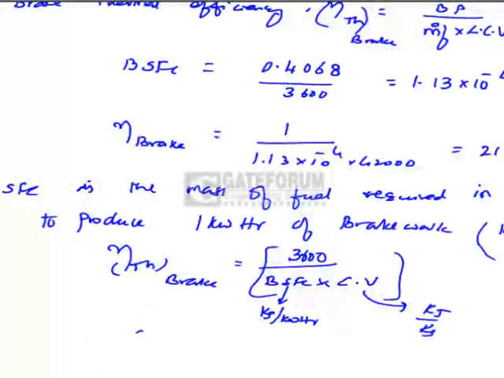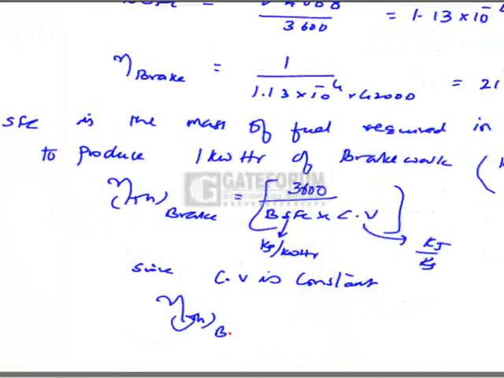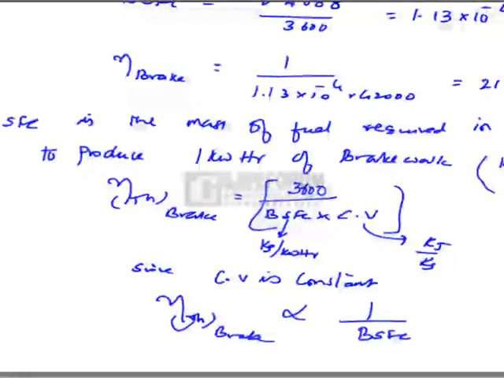That means since CV is constant for a fuel, brake thermal efficiency is inversely proportional to the brake specific fuel consumption. This is one of the conclusions we could draw from the definitions of BSFC.